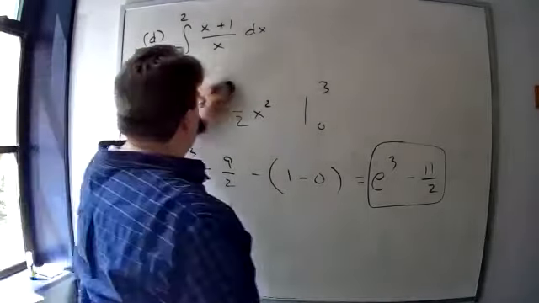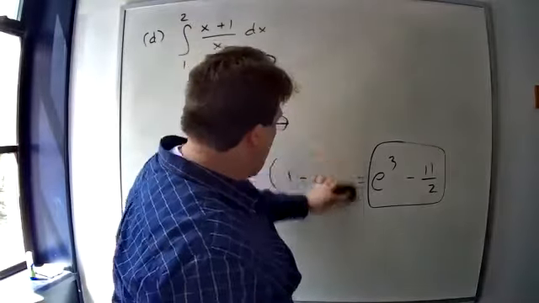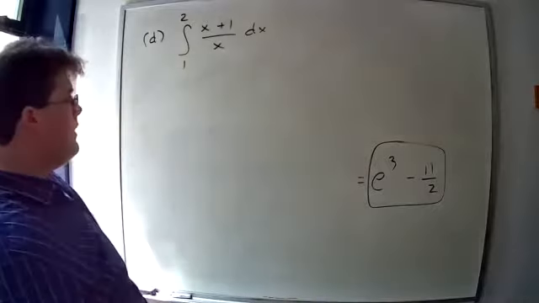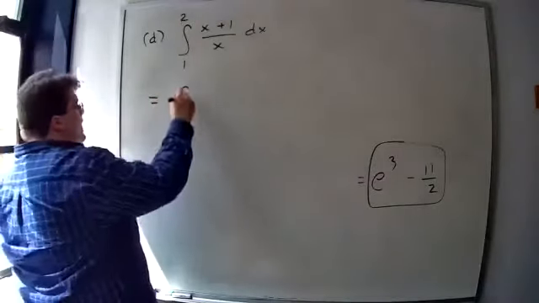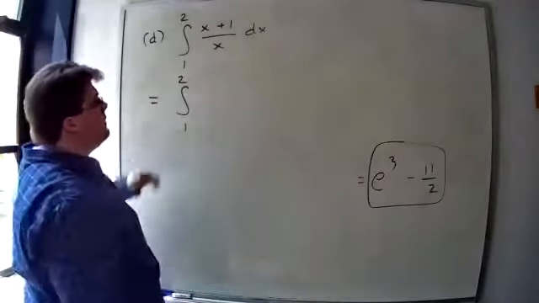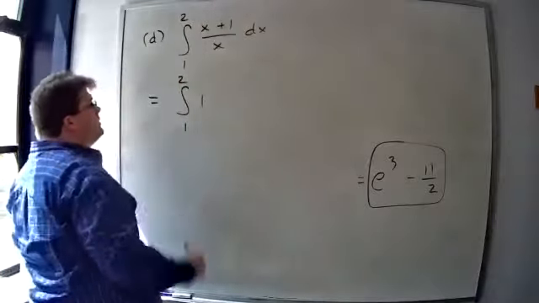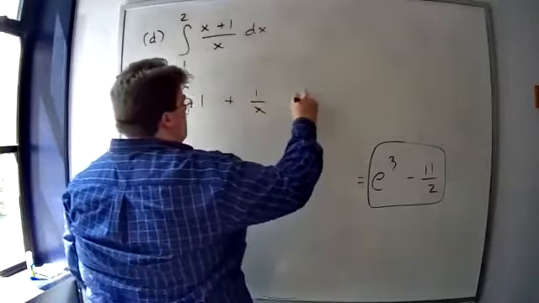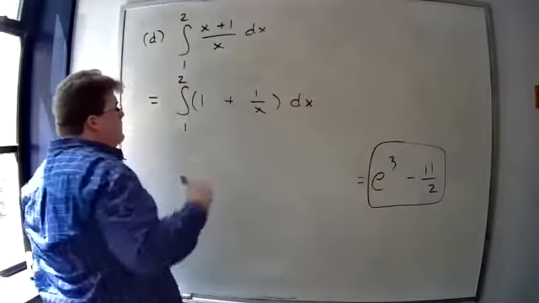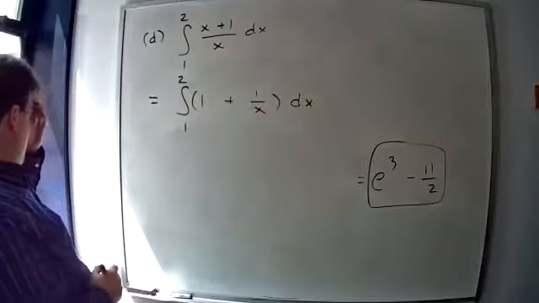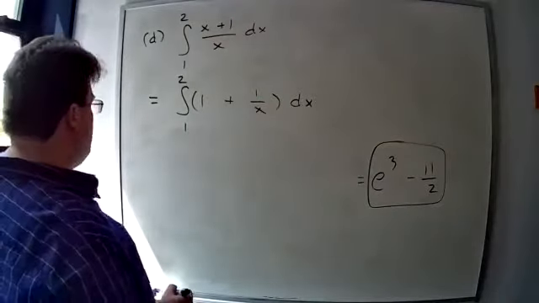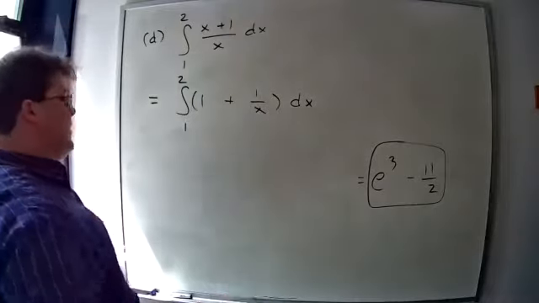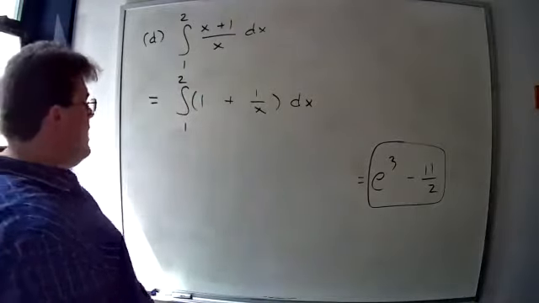There's no way to do that when finding antiderivatives. But what we can do is split this fraction. x divided by x is 1. 1 divided by x is 1 over x. So here we can now do this definite integral by finding an indefinite integral one piece at a time.